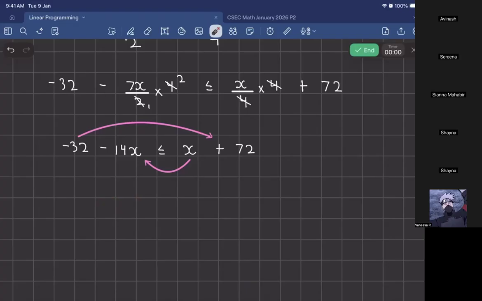It'll be negative. It'll be minus 14x. And I move across the x.